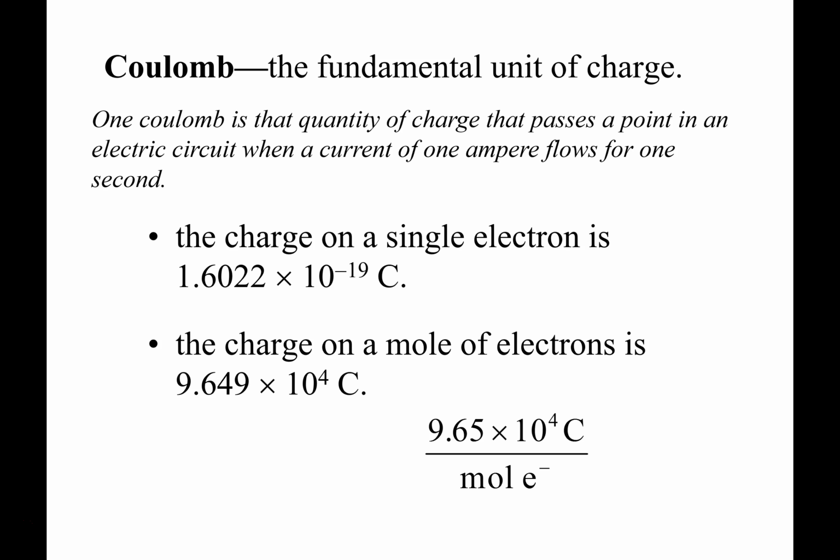More specifically, 1 mole of electrons will have 9.65 times 10 to the 4th coulombs. Now this is not a lot of detail, but it's stuff that I won't necessarily test you over, although I think it's very interesting.